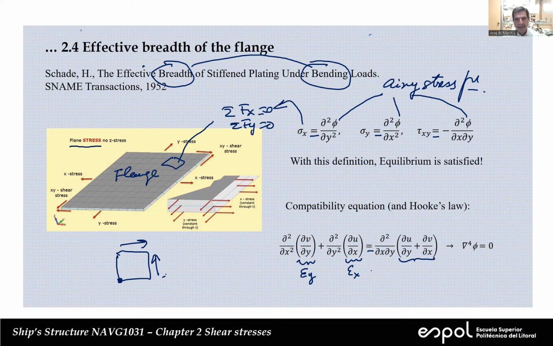Mr. Dominguez, what is this? Epsilon y plus epsilon x? No, no. This is du dy. du dx is epsilon x. This is du dy plus dv dx. Mr. Soria, what is this? Epsilon? No, no. Maybe sigma. Gamma xy, gamma xy. People, come on. You had very good vacations. You remember these things? Gamma xy, yes.